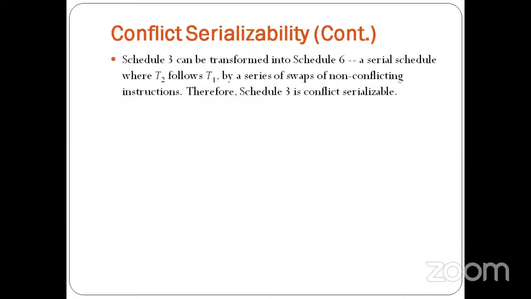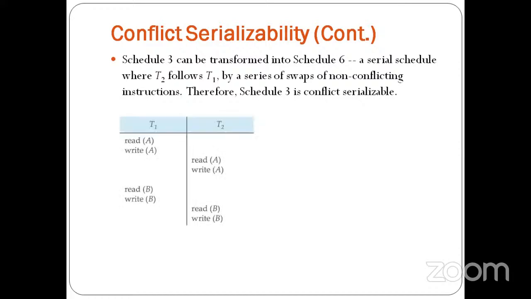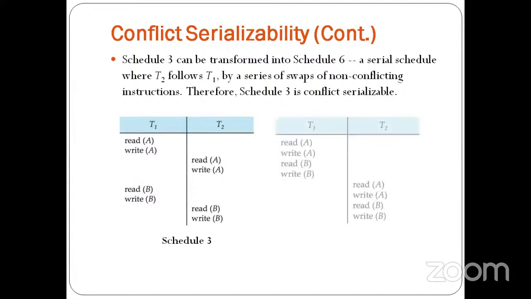Next, schedule 3 can be transformed into schedule 6, a serial schedule where T2 follows T1, by a series of swaps of non-conflicting instructions. Therefore, schedule 3 is conflict serializable.